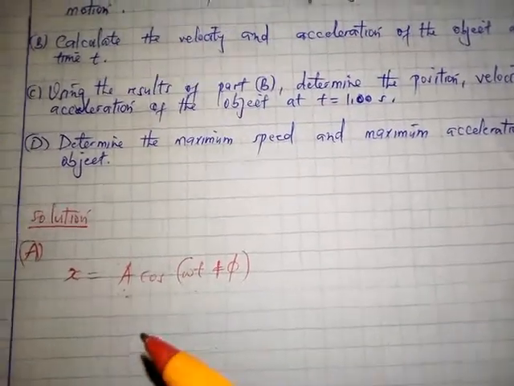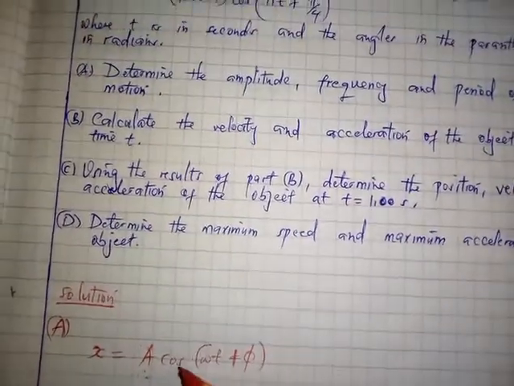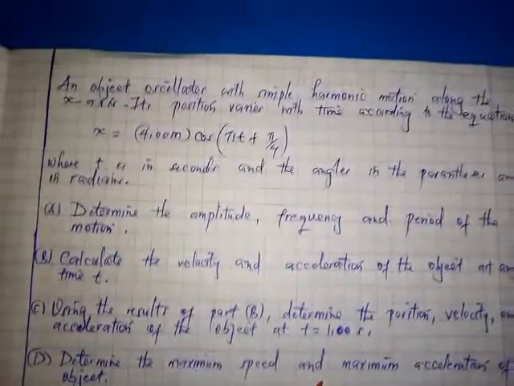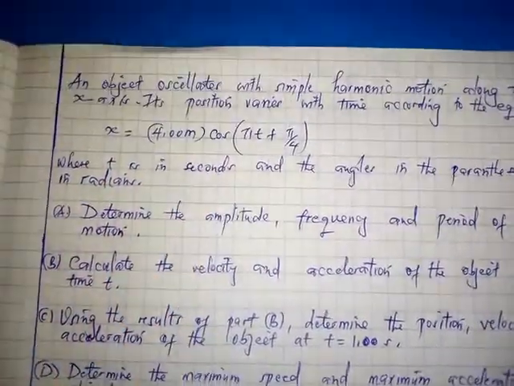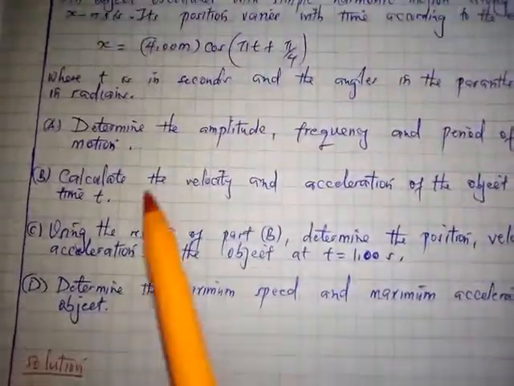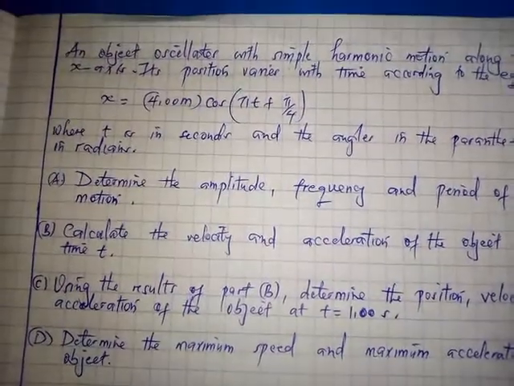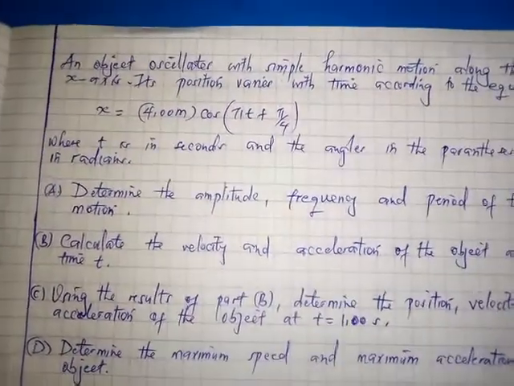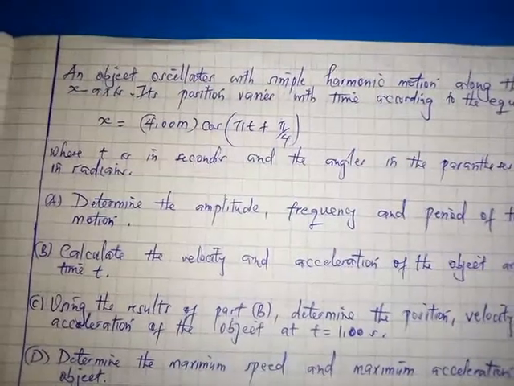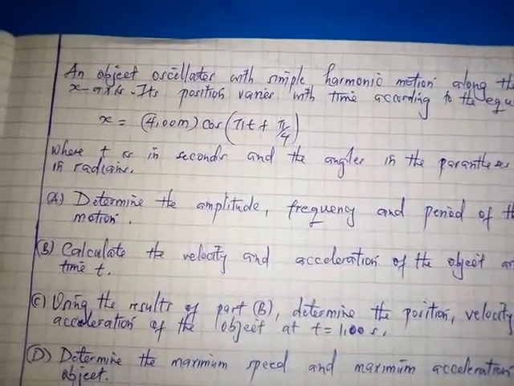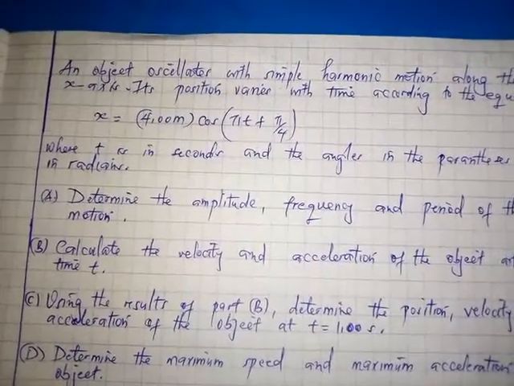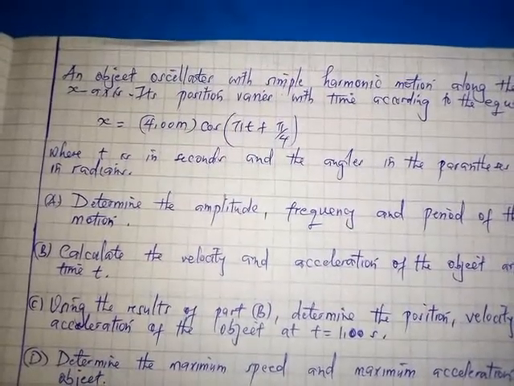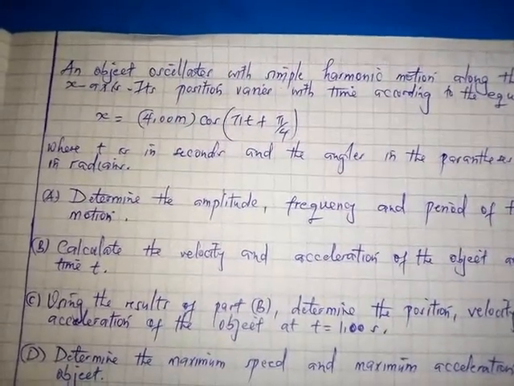So we compare this general equation with the equation given in the question, x = 4.00 m cos(πt + π/4).